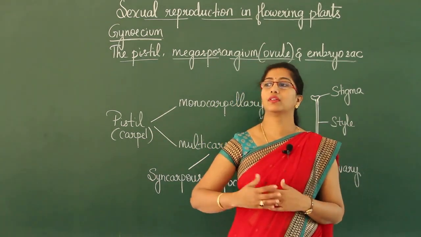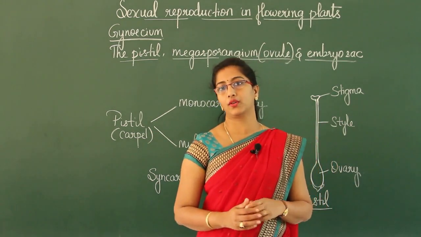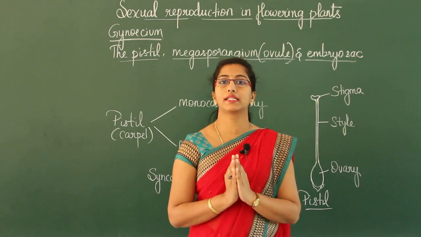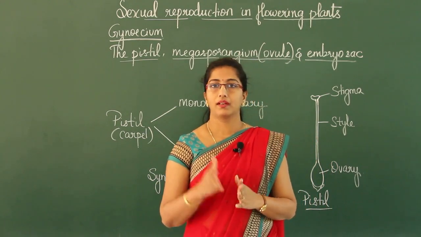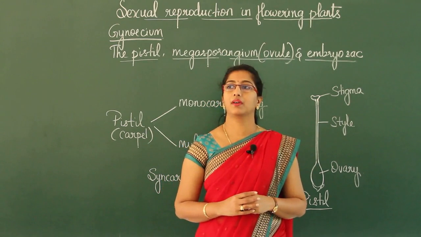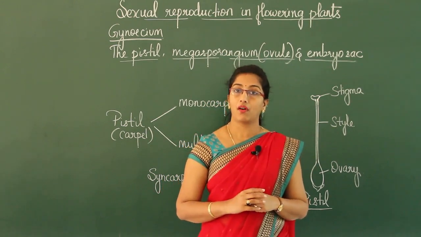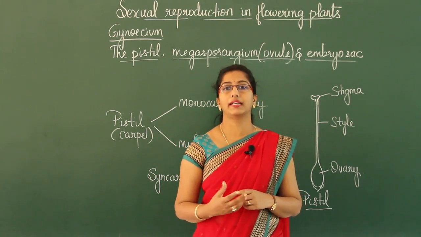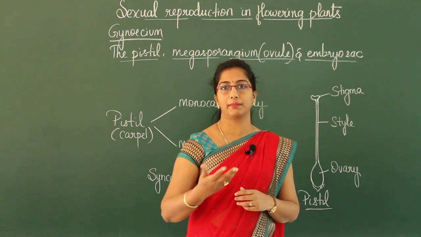Now when I told you the female reproductive structure consists of units called pistil, in a flower there may be only one pistil, or in some flowers it has more than one. There may be many pistils.